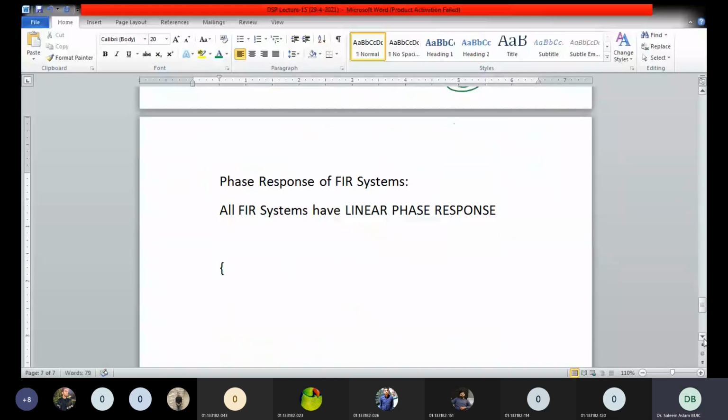What about phase response of IIR systems? Let me make it green ताकि आपको याद रहे कि ये heading है. Then black में आपको comment नजर आ रहा है. It may be stable. It may be linear. Or it may not be linear.